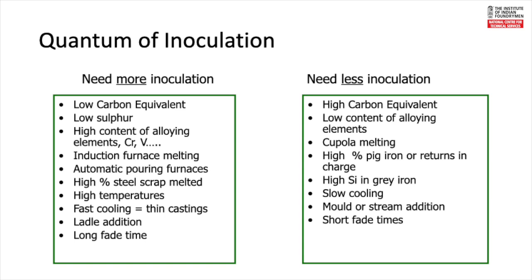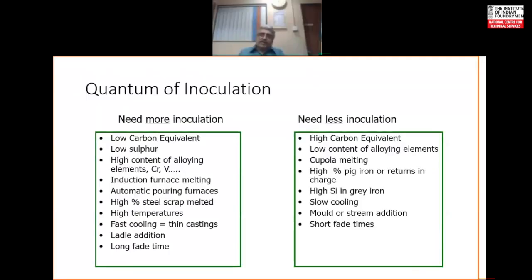You need less inoculation when you are using high carbon equivalent iron. There is a very low content of alloying elements, typically in cupola melting. Inherently, the incipient nucleation level itself is high. Or in your induction furnace, you have a charge mix which has got higher pig iron and then again the inherent nucleation level will be high.